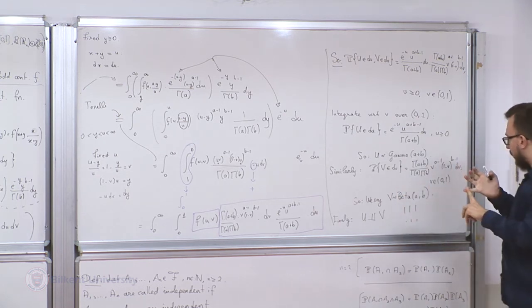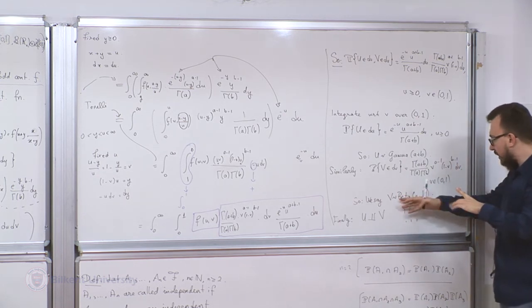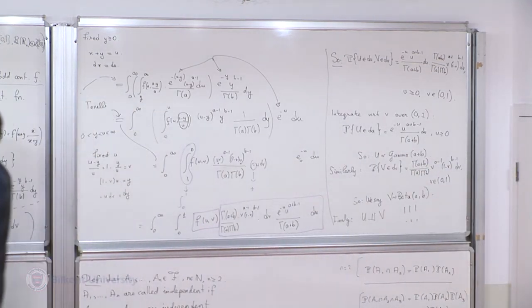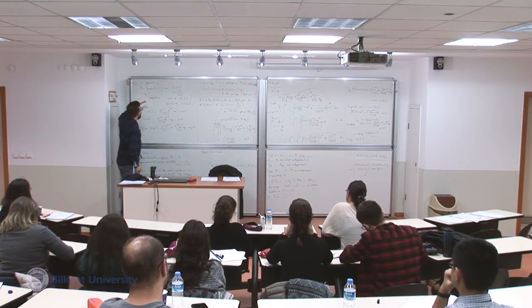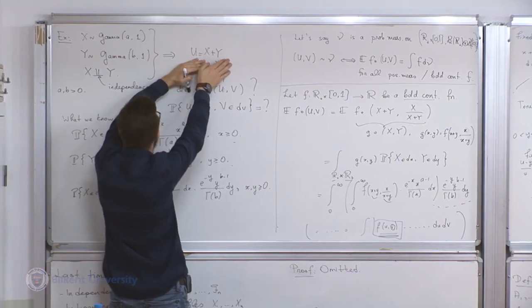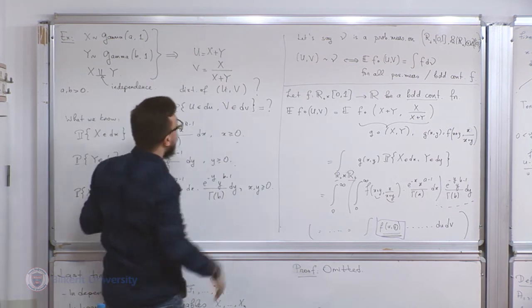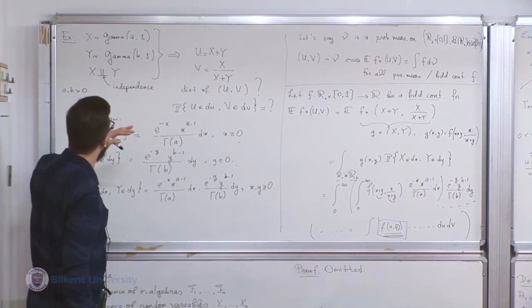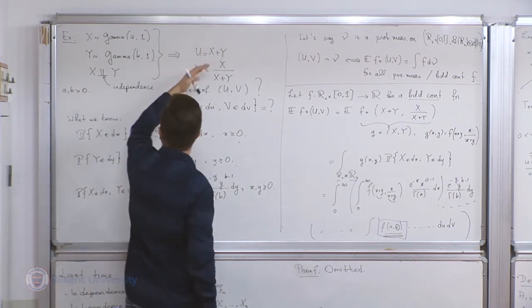So this beta distribution takes values between 0 and 1. It is the distribution of this fraction, x over x plus y. And so if I just asked you the distribution of u, the question is, of course, much easier. It's not a joint distribution. It is just the distribution of x plus y.